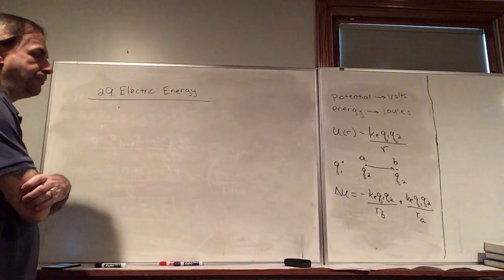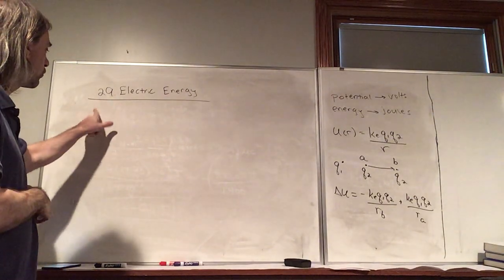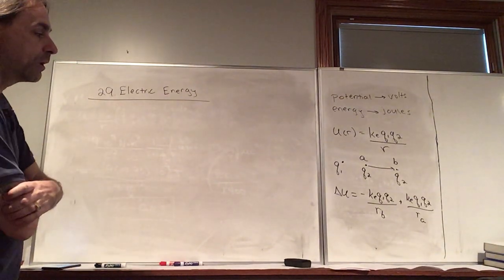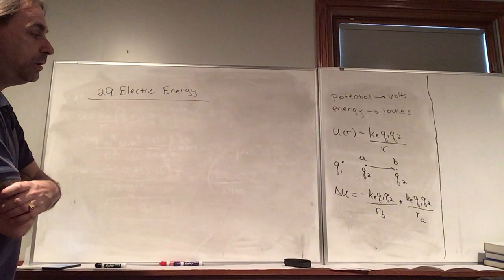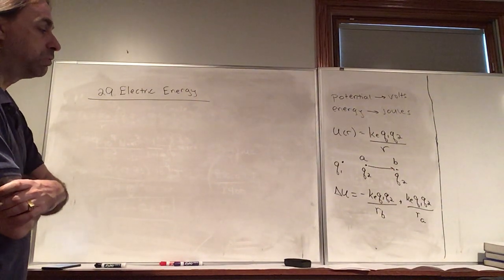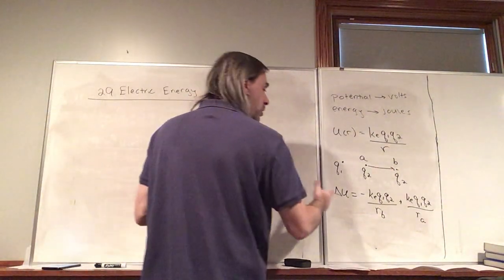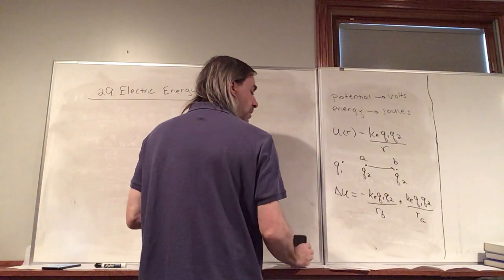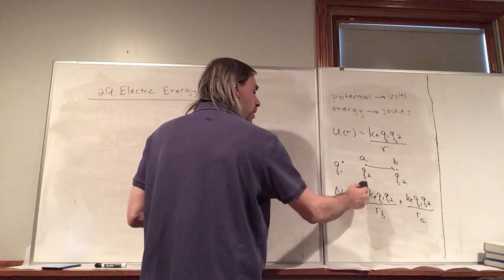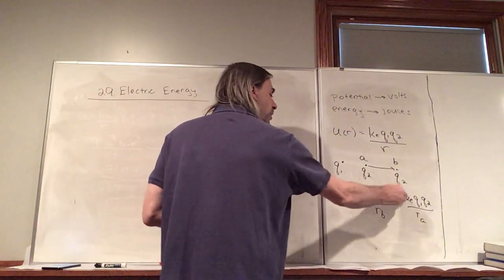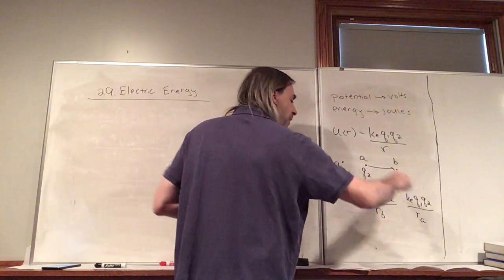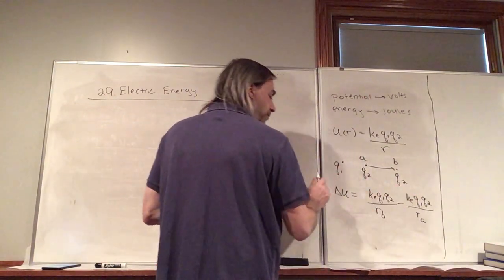Let me be a little more specific. This would be UB, or no, sorry, that would be the work. So the change in potential energy, we'd have the opposite sign.